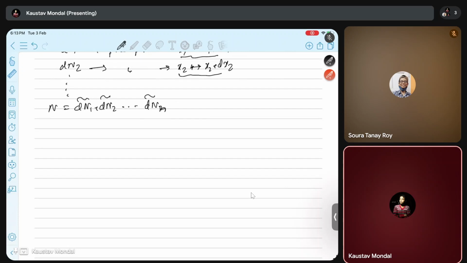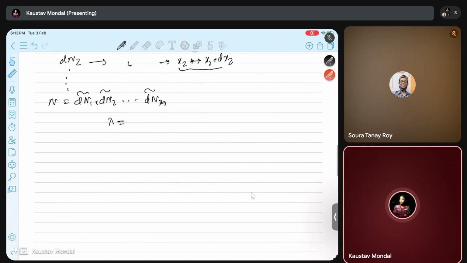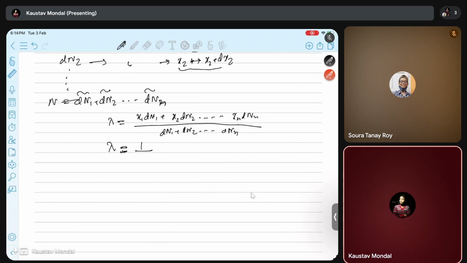In that case, the mean free path of the entire gas assembly can be calculated similarly: x1 into dn1 plus x2 into dn2 plus up to xn into dnn, the whole thing divided by dn1, dn2, up to dnn. This summation can be written as an integration, with the total number of gas molecules n, so it would be n into x into dn.